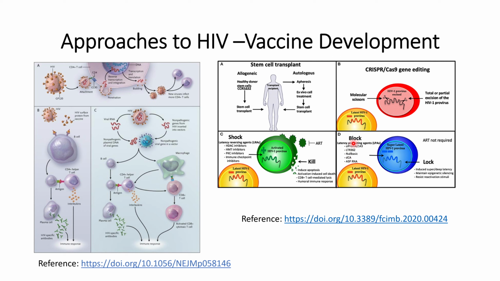So these are some of the promising latency promoting agents mentioned here. And in this way the host integrated HIV virus will be locked, or we can say there is an epigenetic silencing that can be done in this block strategy.